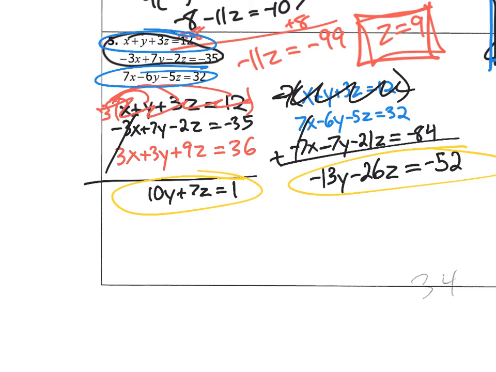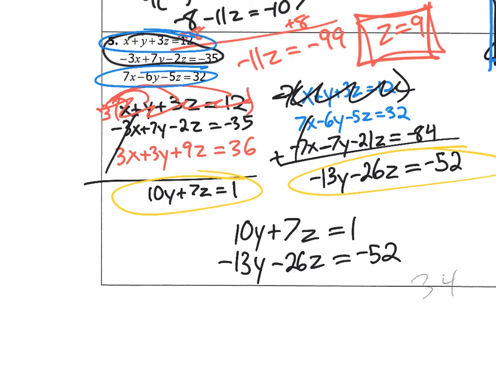So now I would solve it just like I would solve an elimination problem with two equations and two variables. All right. Again, a little ugly here. So I'm just going to pick, let's multiply this by 13.